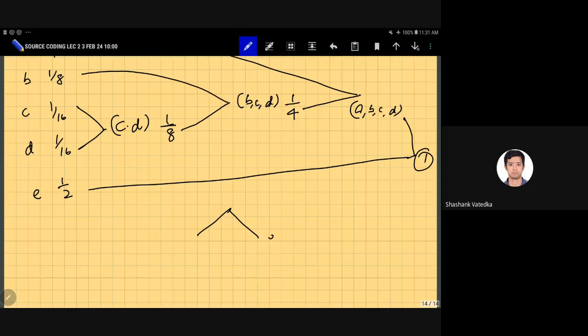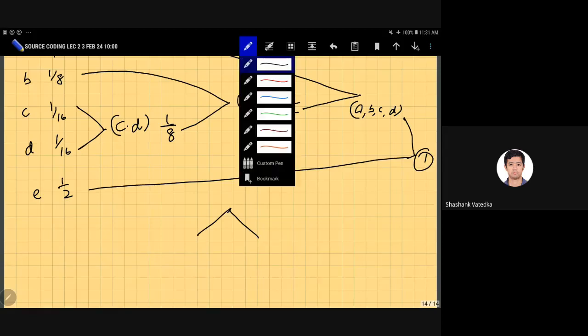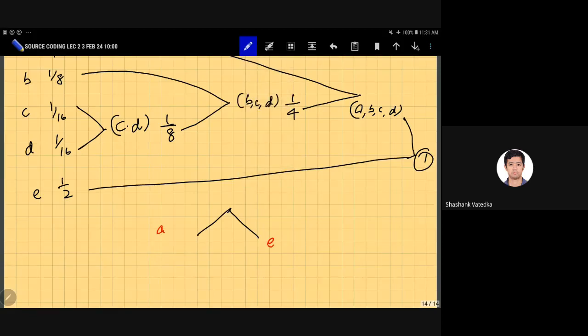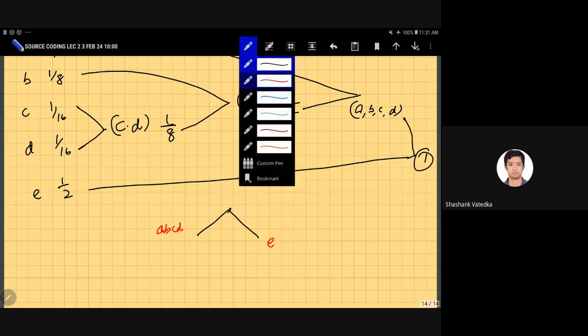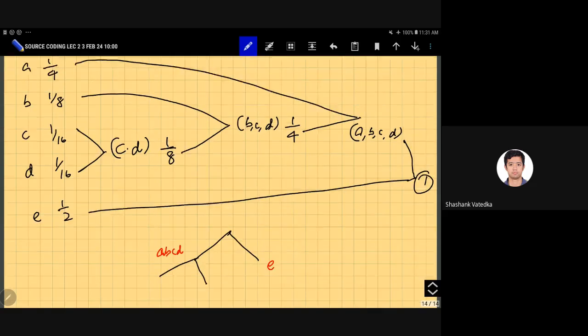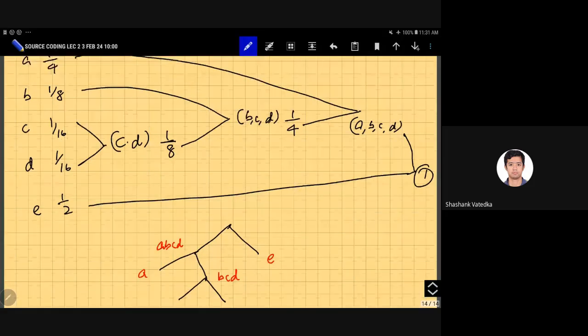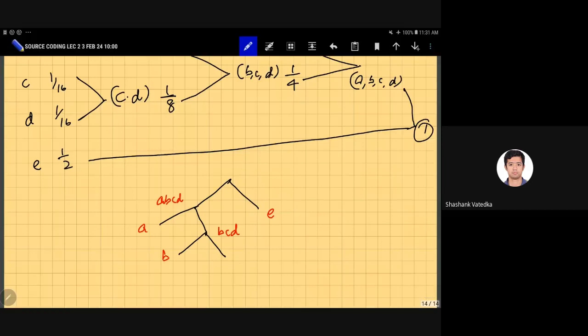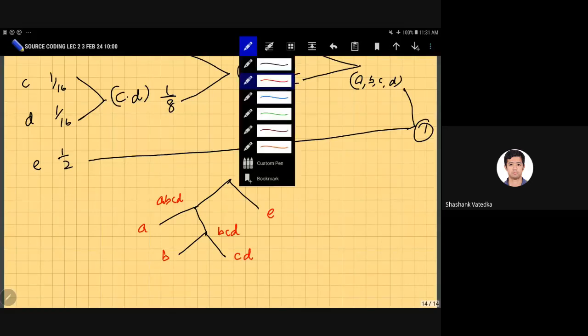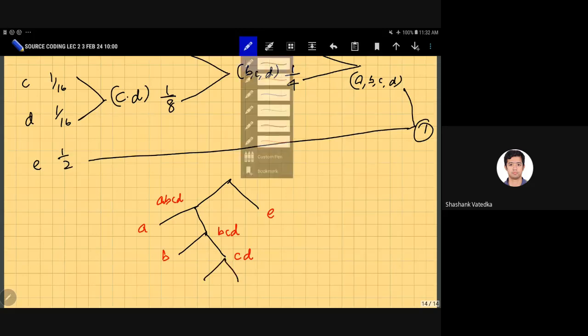On one hand, I have E. On the other hand, I have A, B, C, or D. Then on one side, I have A. On the other hand, I have B, C, D. On one side, I have B. On the other hand, I have C, D. I have C, and I have D.